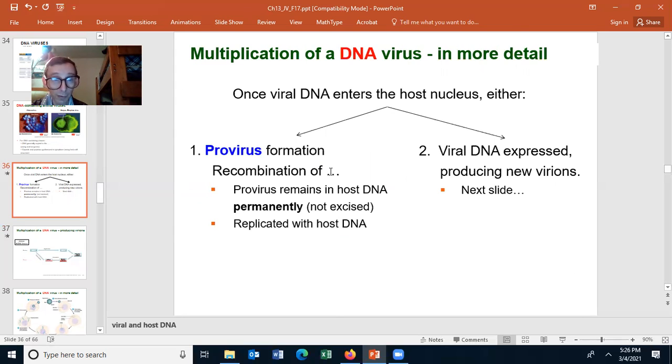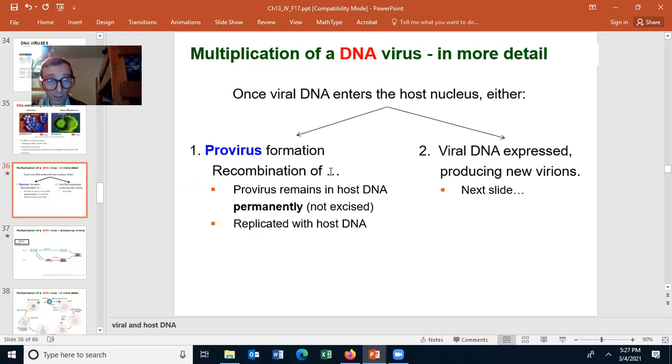That we don't call the prophage because, of course, animal cells don't have bacterial phages, because those are bacterial viruses. So they give it a different name. They call it a provirus. Very similar, but we call it a provirus. And that is a host cell that has a chunk of viral DNA integrated into the host DNA.